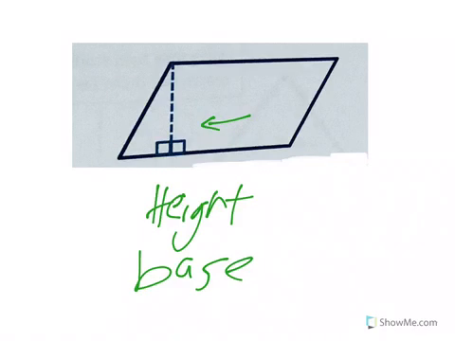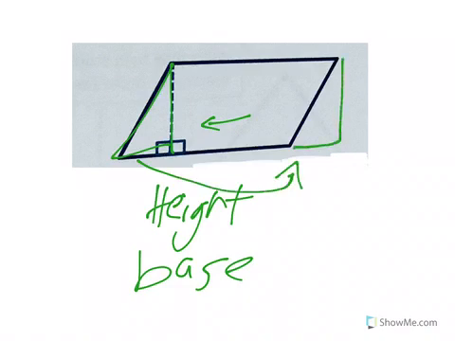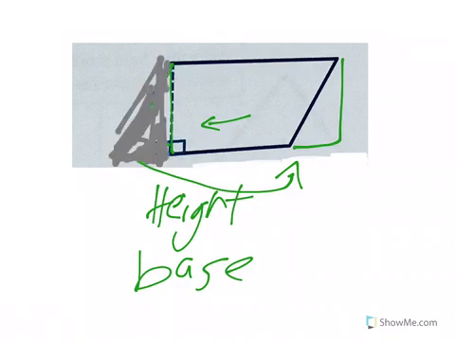Now, here's a little trick. If I took this triangle and I could cut it off and move it over here, I could place it right here, right? And so what that would mean is this section is gone. Okay, I tried to erase that the best I could.